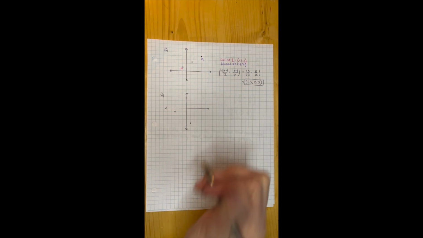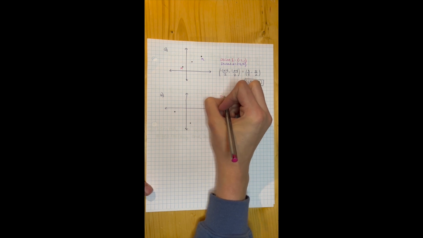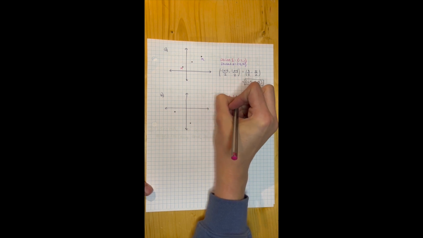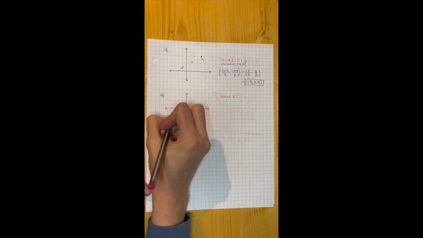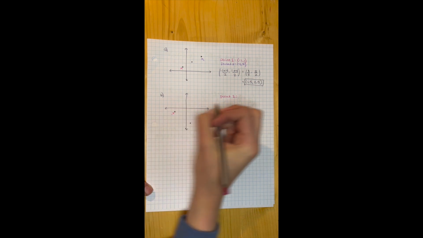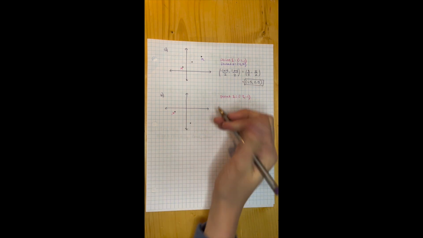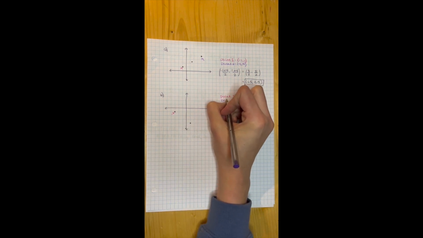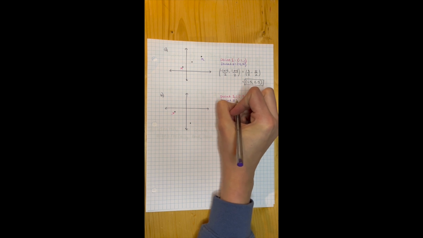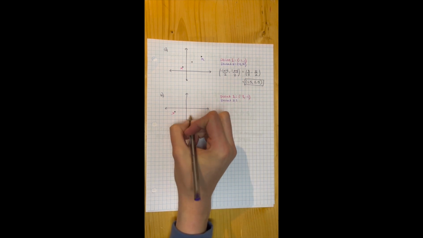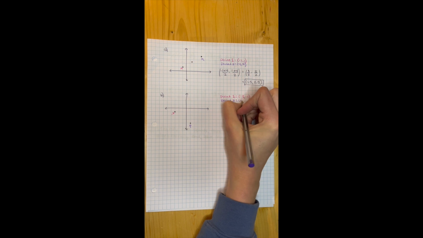For letter B, I've got a coordinate plane here, I've got 2 points on it. Point 1, we are going to identify as (-3, -1). And point 2, we will identify as (1, -4).